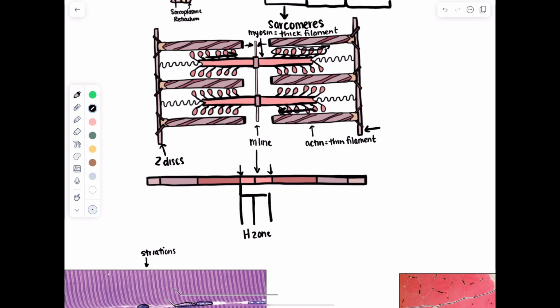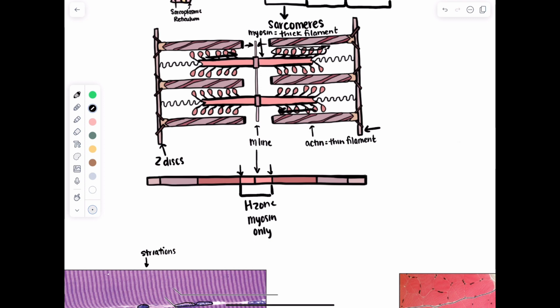From here to here, that is my H zone. That is my zone that is going to be myosin only. H zone, myosin only.